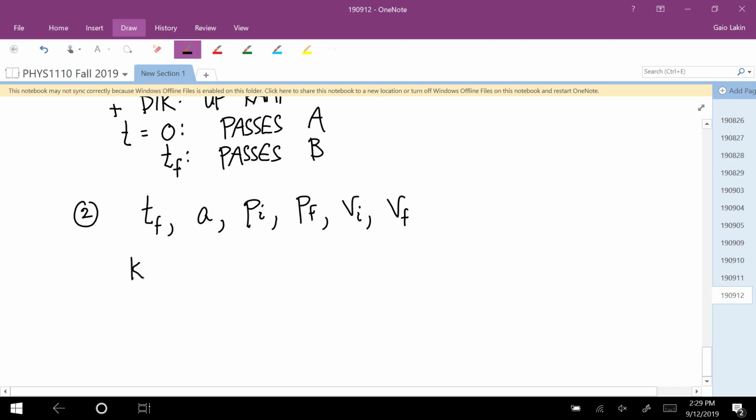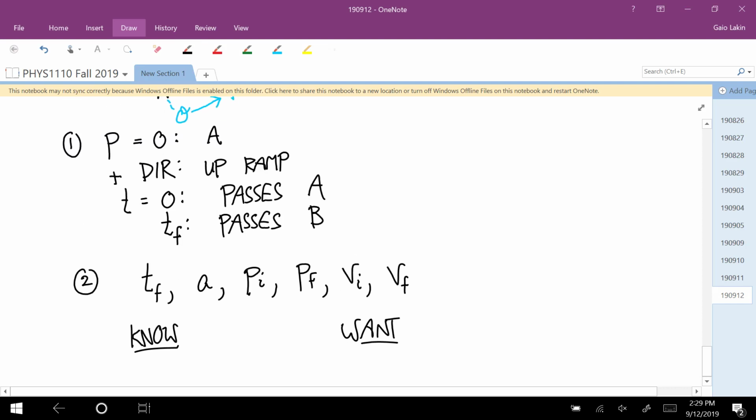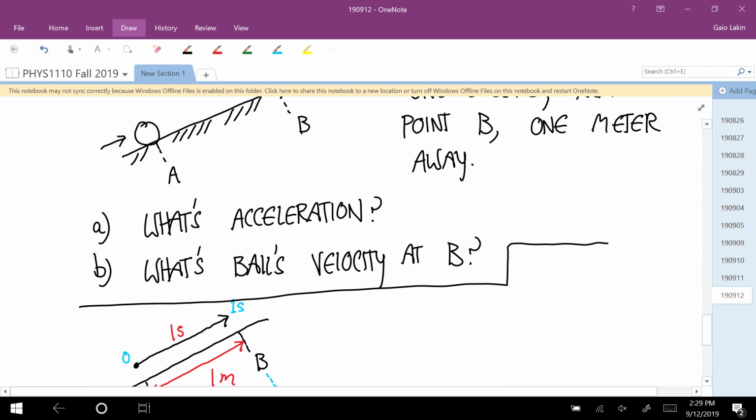And I'm going to put them either in the column of stuff we know, or stuff we want, or neither. We're going to do these one at a time, so I'm going to start by trying to calculate the acceleration.